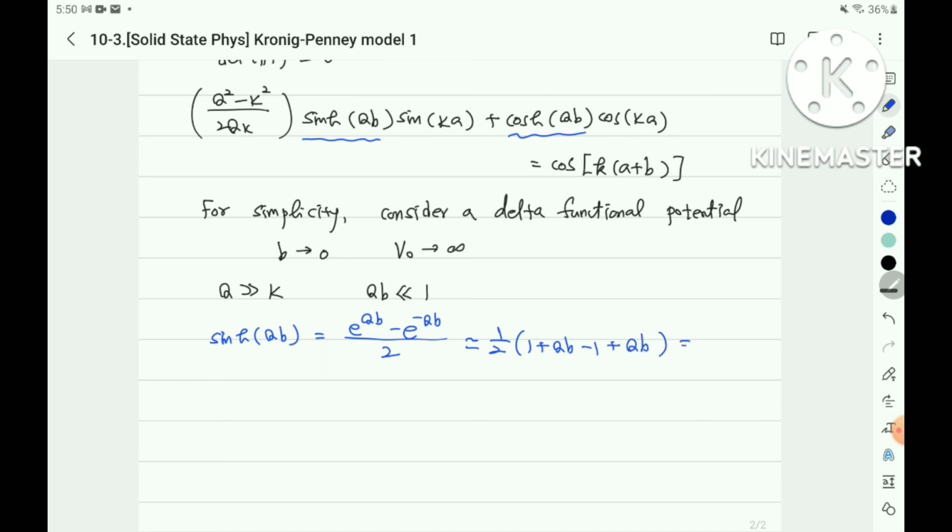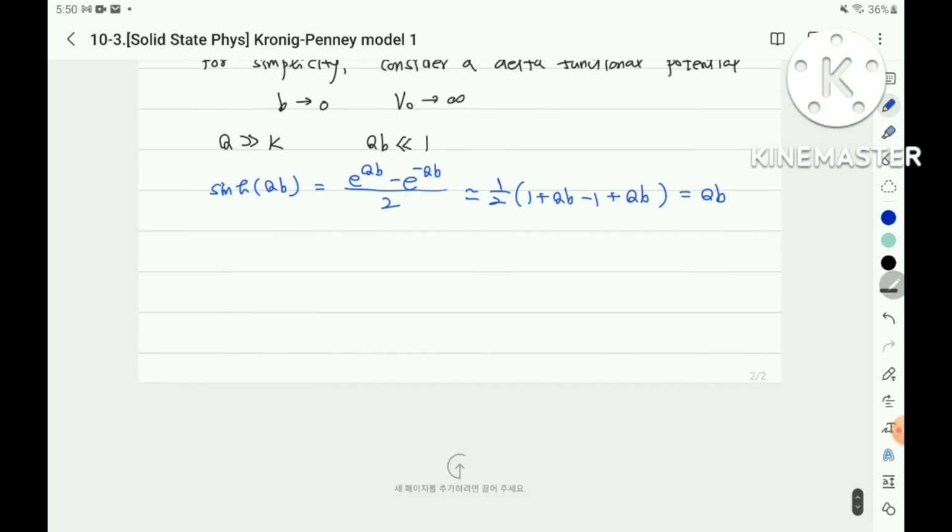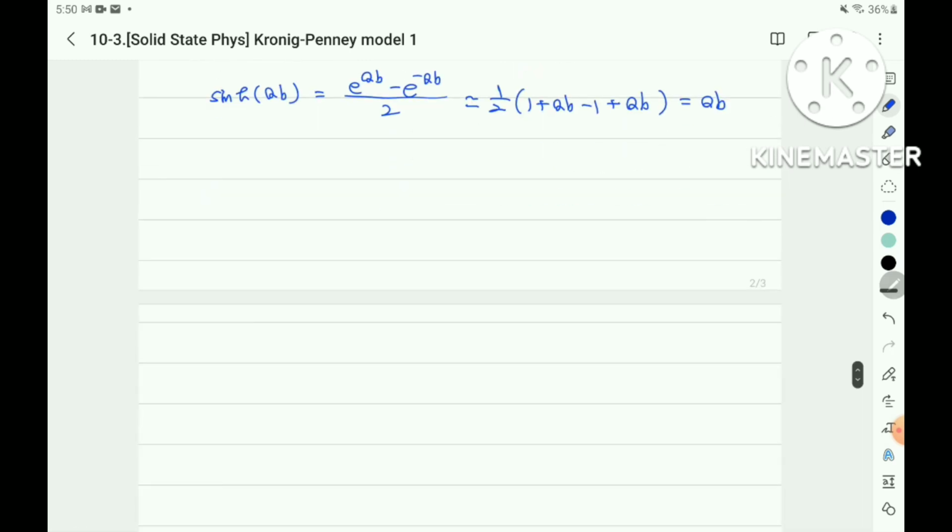Therefore, it is Qb. And also, the hyperbolic cosine of Qb is exponential Qb plus exponential minus Qb. Therefore, it is 1/2 of 1 plus Qb plus 1 minus Qb. Therefore, it is equal to 1.